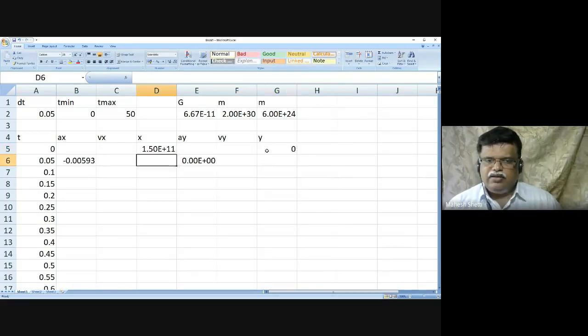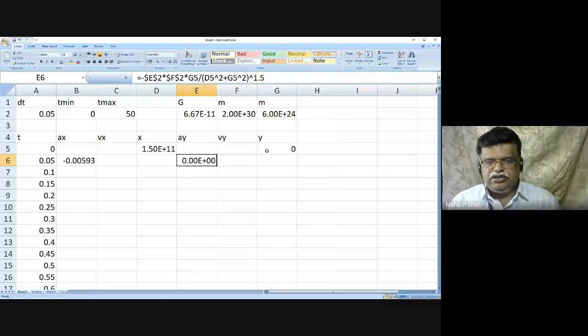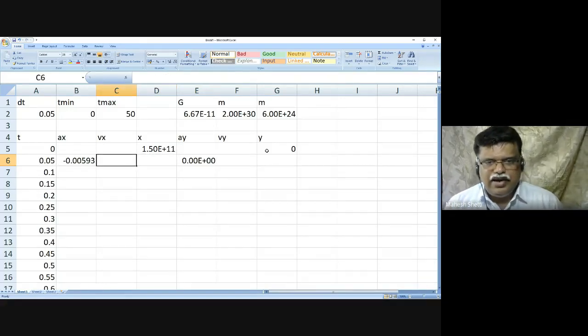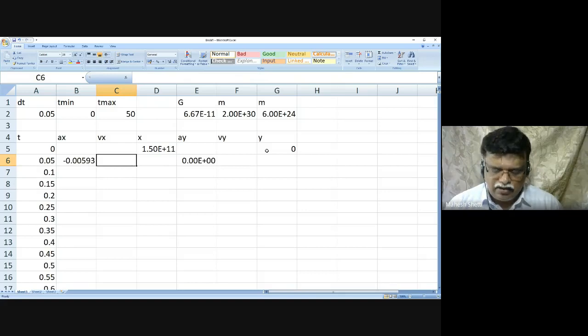Because the sun is at the origin and the planet is along the x-axis, there is only acceleration along the x-axis, or rather the negative x-axis, and there is no acceleration along the y-axis. Okay, I need to calculate velocity and displacement, and I will also have to give initial velocity. Let us physically see what that initial velocity should be. But the formula is going to be independent of that.